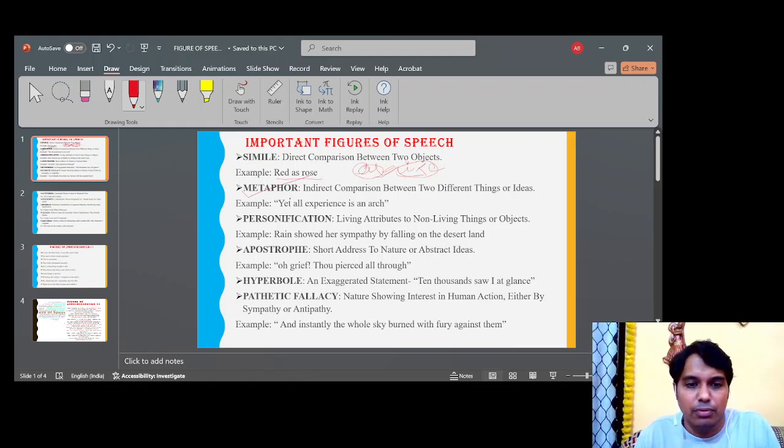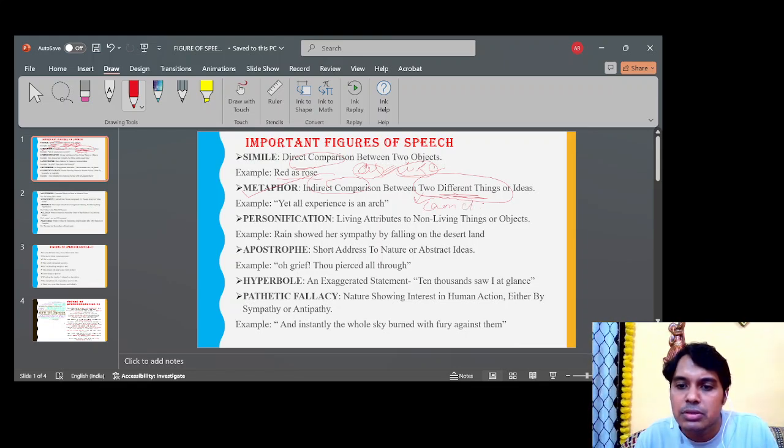Now next example we have metaphor. Now what is metaphor? We know simile is a direct comparison. Now metaphor is just the opposite, indirect comparison, but there is a difference. Metaphor is an indirect comparison between two unallied things or objects, that means two different things or objects. Now the popular example we know is the camel.